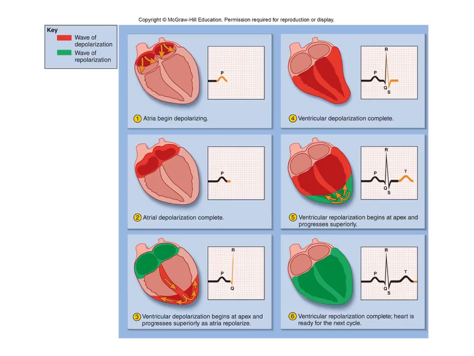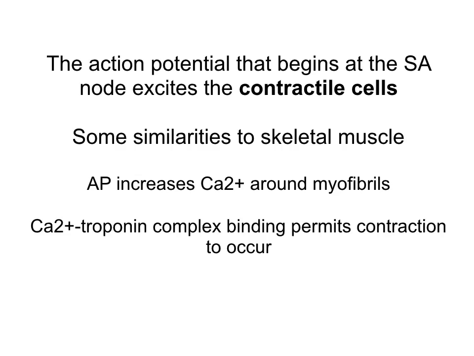You've got that nice depolarized ventricular muscle, and you can even see the ventricles are contracted. As you go through the T wave, you can see the green repolarization starting to spread from apex towards base. And after the ventricular muscle has repolarized, the ventricular muscle relaxes.